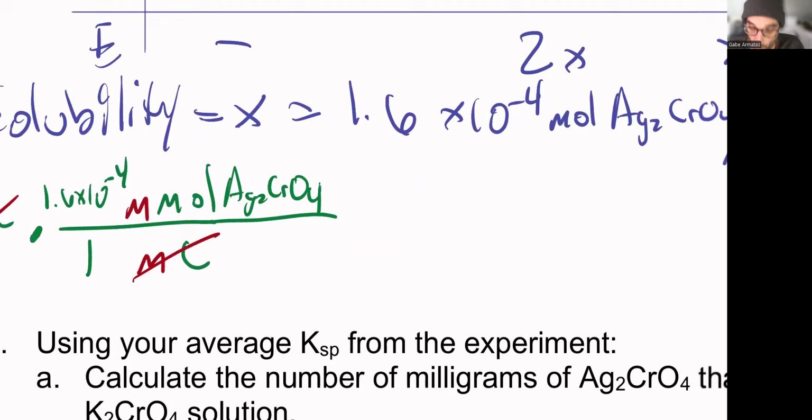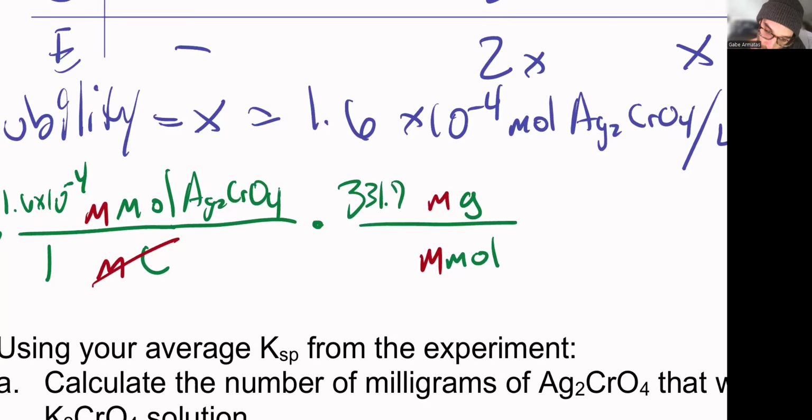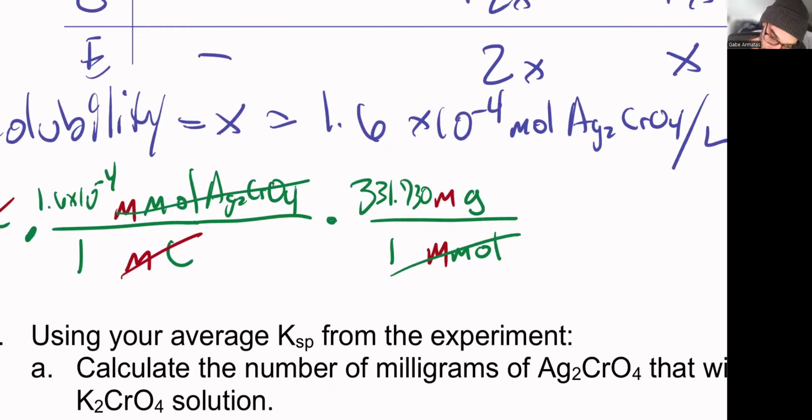So take it one more step. If my unit is millimoles, times a fraction, I want moles to go away and grams to remain. But again, if I put milli in front of both of these, that is just the molar mass: 331.730 milligrams per millimole. Millimoles cancel, and I'm left with milligrams.